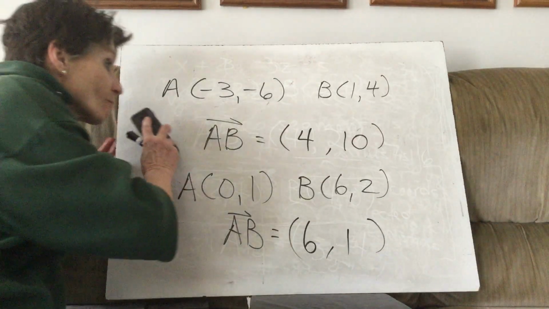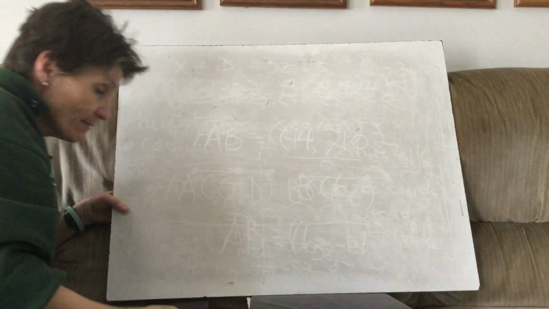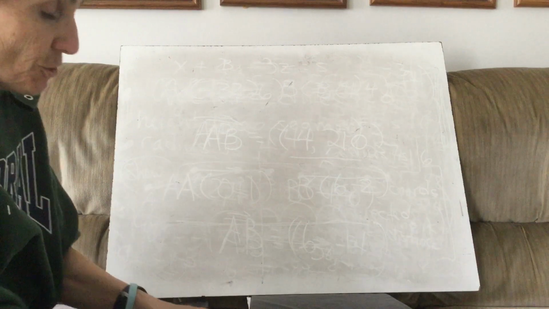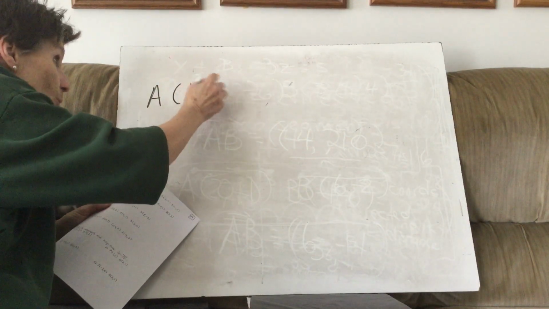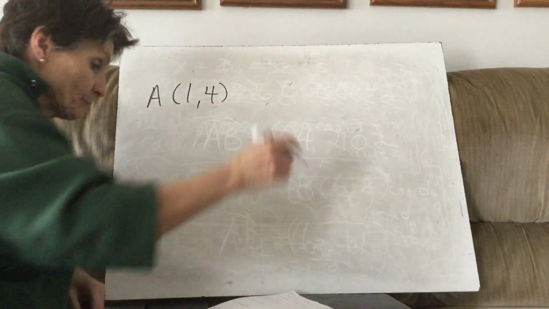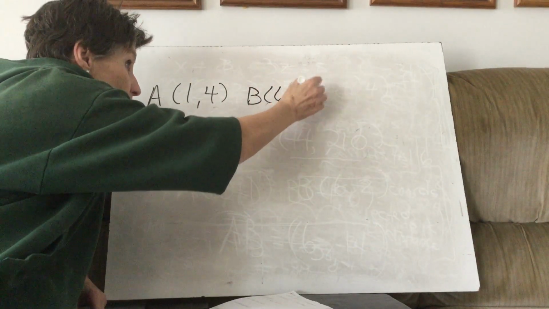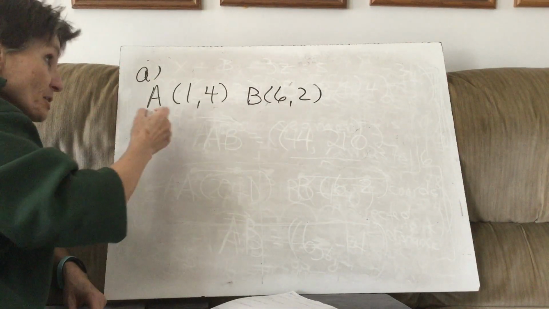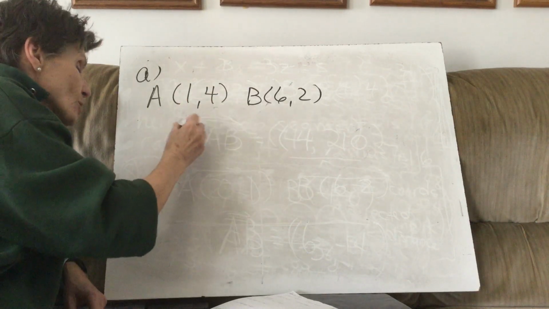Okay. Now the next section is kind of the same thing, except they're asking you to find 2 of them and decide if they make equal vectors or not. So let's start with problem A, and let's start by just finding AB, because we've done several of those already.